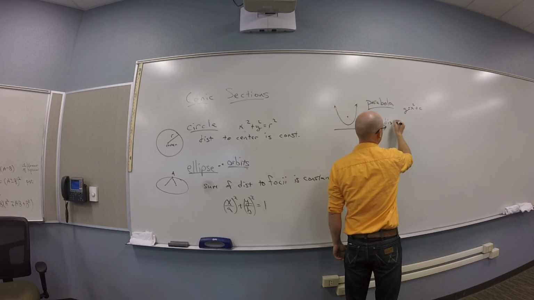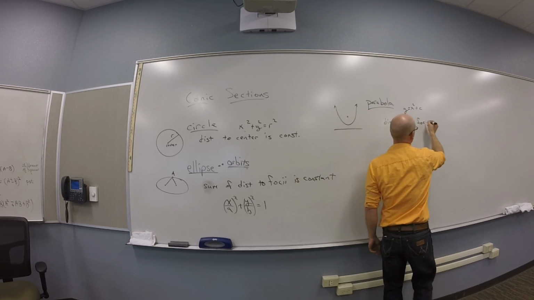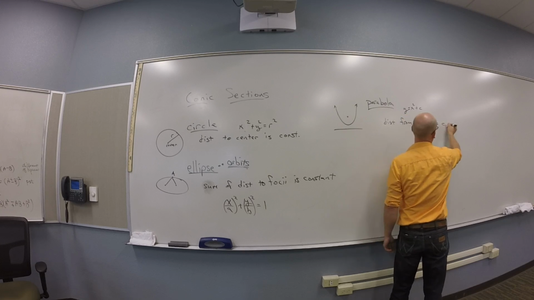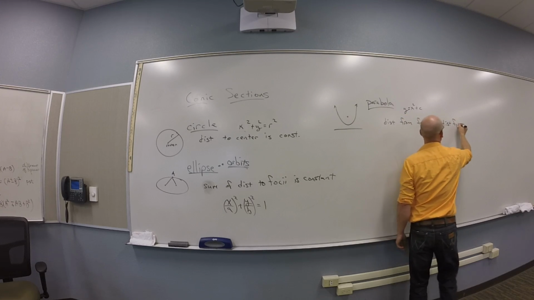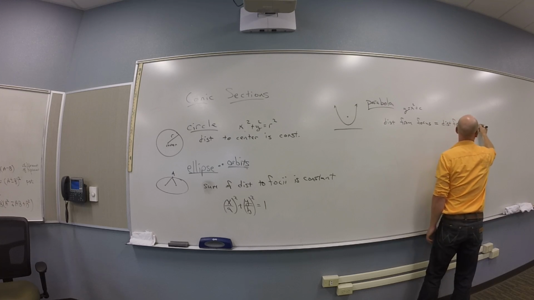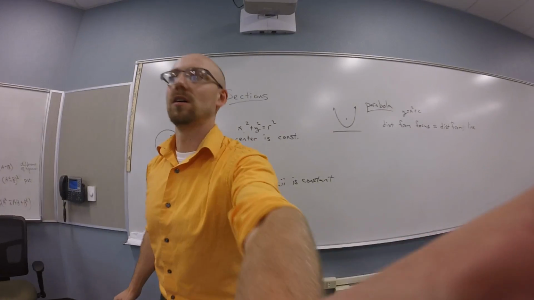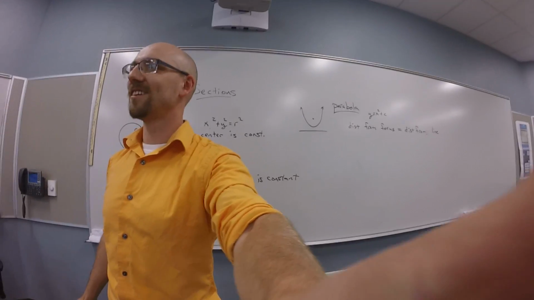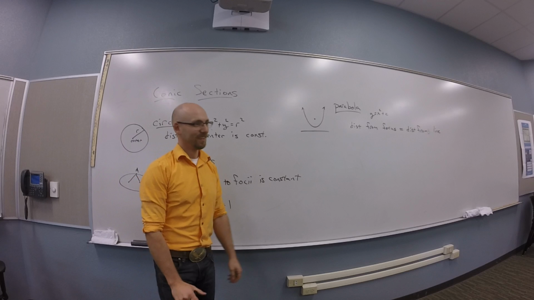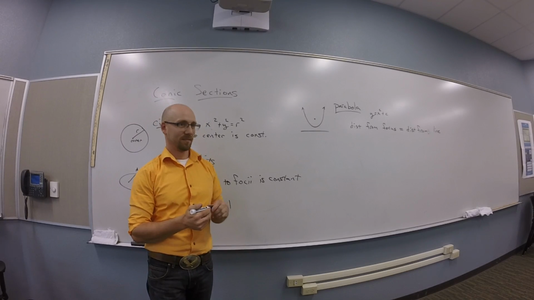And the distance from the focus equals the distance from the line. There's a special name for that line. Oh, good, it's called a directrix. Cool. All right, what is the use of a parabola?